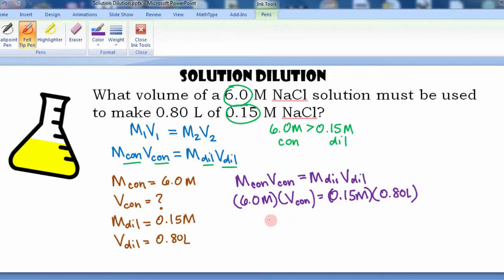So when we solve for the volume of the concentrate, we just want to divide both sides by 6.0 molar, and we will have 0.15 molar times 0.80 liters divided by 6.0 molar.